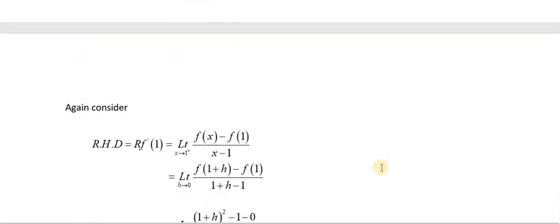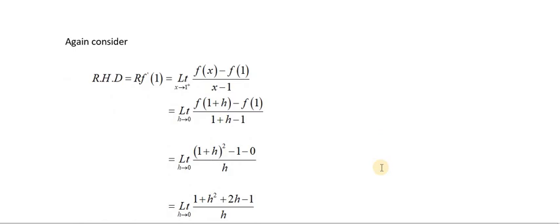Now I am going to find RHD value. RHD means right hand derivative. It is denoted by RF dash of 1. The formula for RF dash of 1 is limit x tends to 1 plus f of x minus f of 1 by x minus 1.